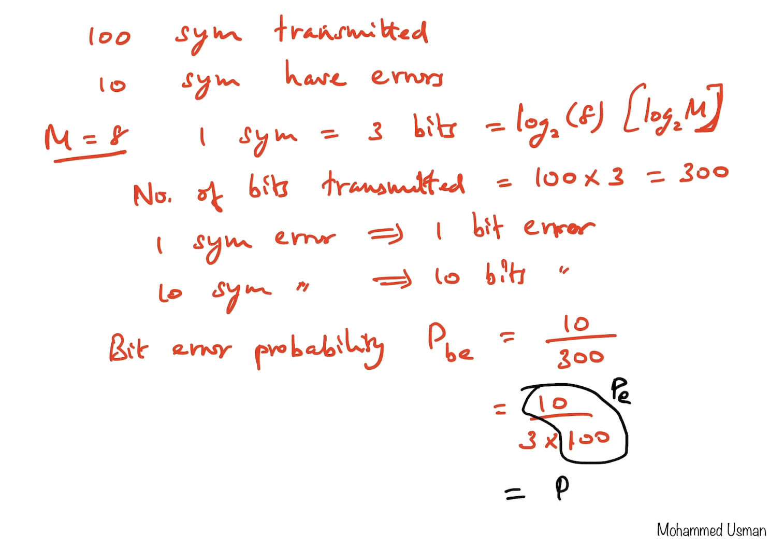So that is PE by 3, which is nothing but PE by logarithm to the base 2 of 8. So we have the same relationship again.